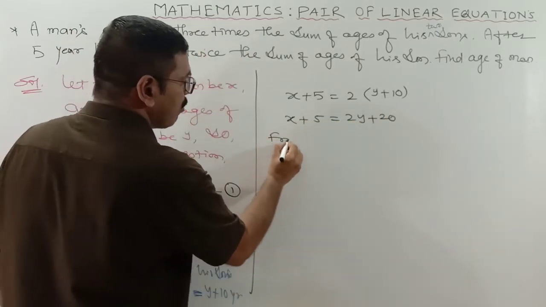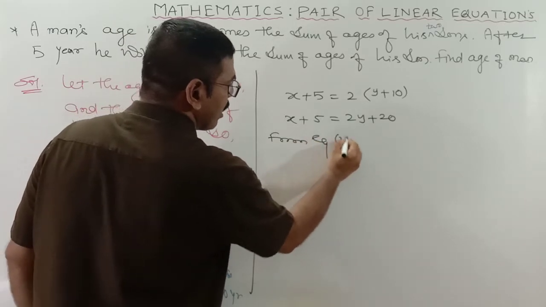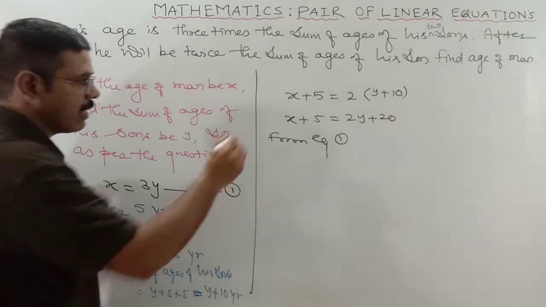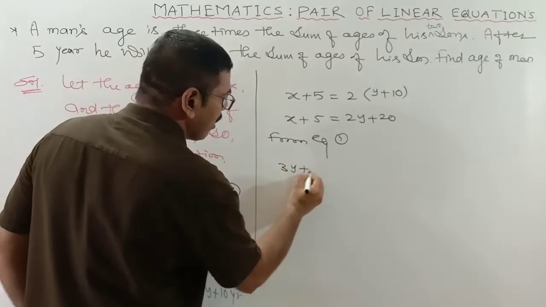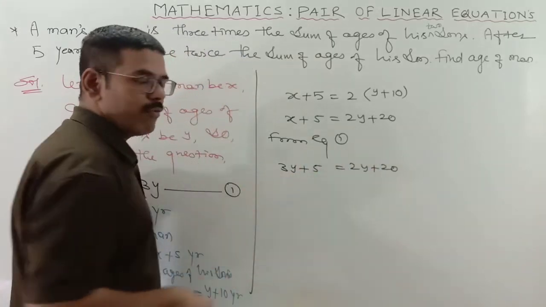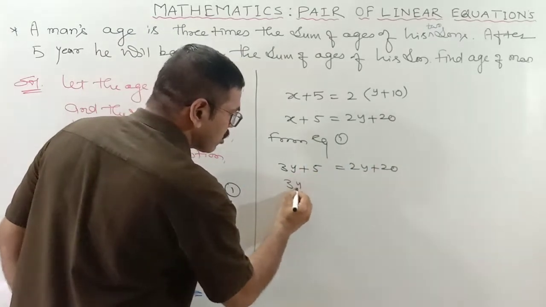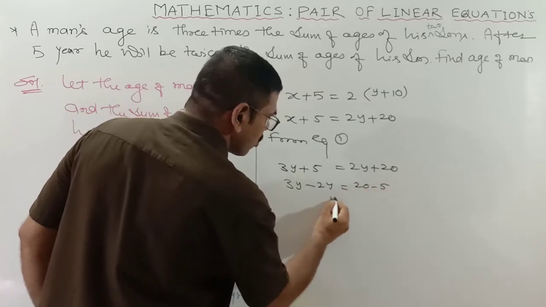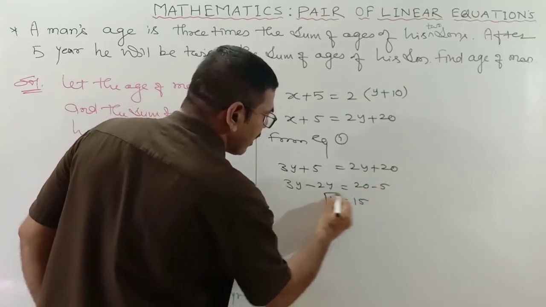Okay, now from equation 1 we can put the value of x, that is 3y. So it will become 3y plus 5 is equal to 2y plus 20. So now we'll just transpose: 3y minus 2y will be 20 minus 5. So y will be equal to 15.